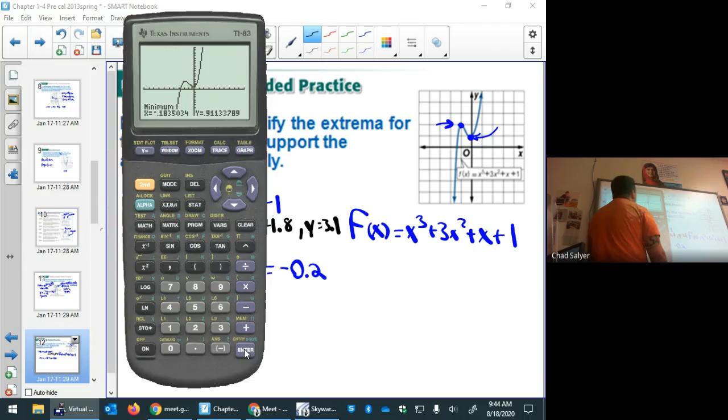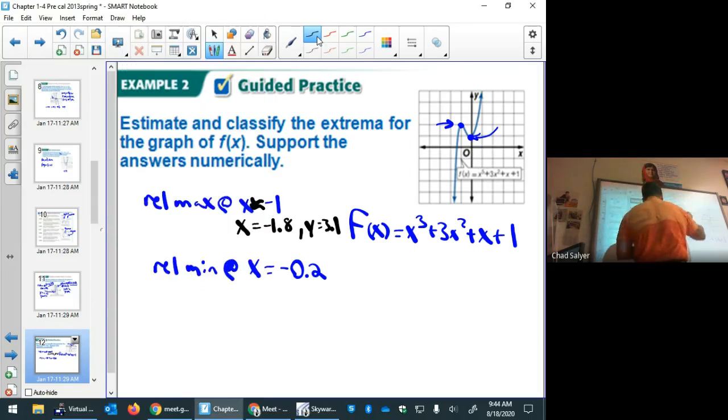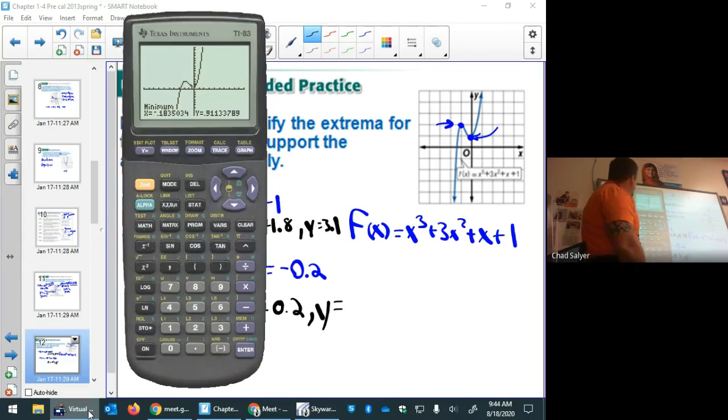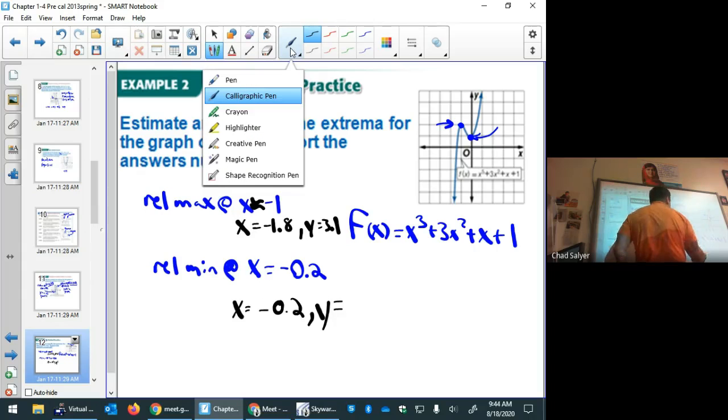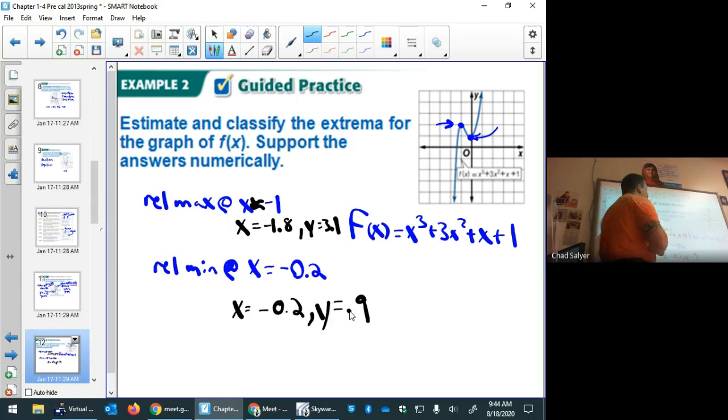It's -0.2, so for once I got it right. And then y equals 0.9. So these were my guesses. Yours might have varied a little bit. That's okay. And this was to the nearest tenth, not those extrema values exactly, an x and a y, a point on the graph.